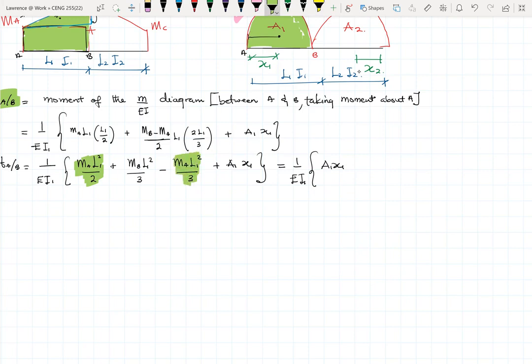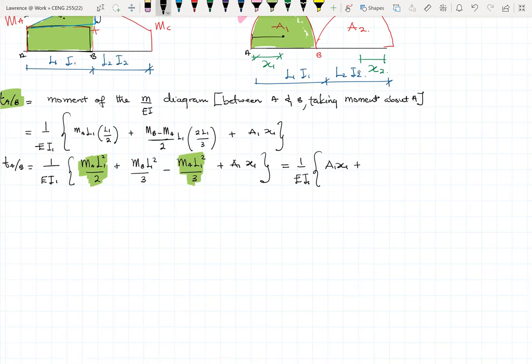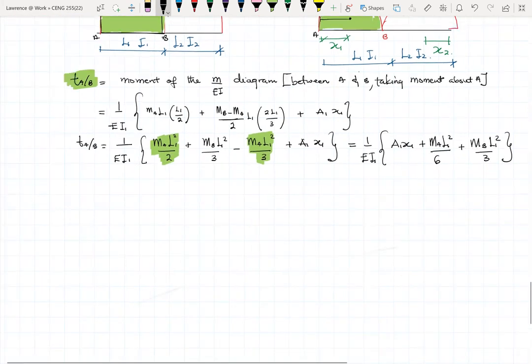So M sub A L1 squared over 2 minus M sub A L1 squared over 3. When you do the computation, you will get M sub A L1 squared over, is it 6? Yeah, I think it's over 6. Then plus M sub B L1 squared over 3. So this becomes your TAB.